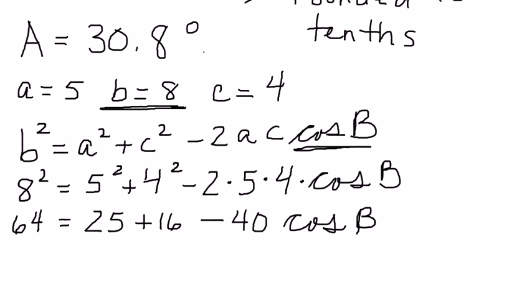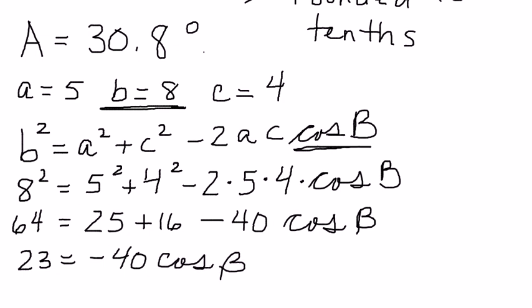And again, don't be tempted to do this calculation. That would be wrong. We first need to subtract 25 and 16 from both sides of the equation. That leaves us with 23 is equal to negative 40 cosine B.